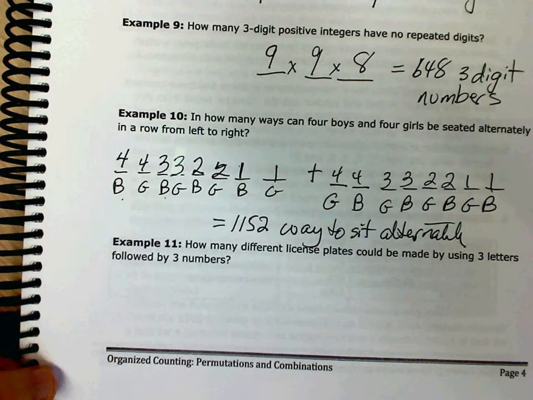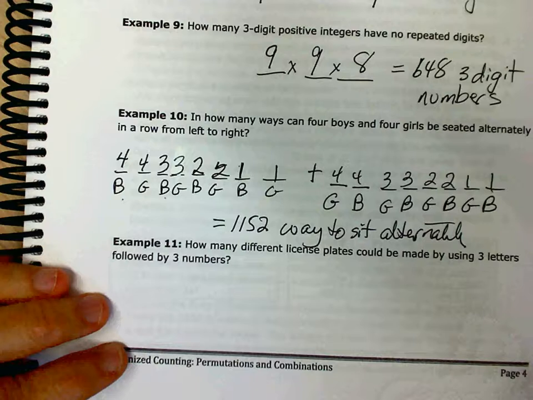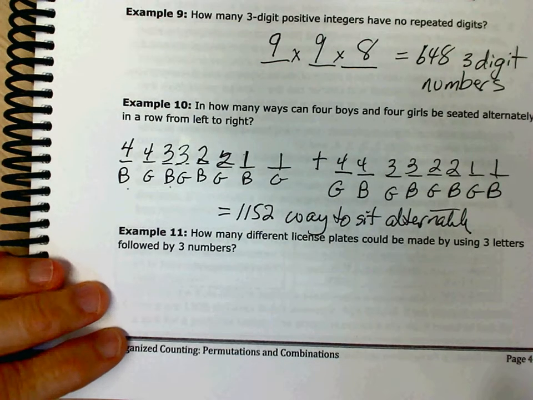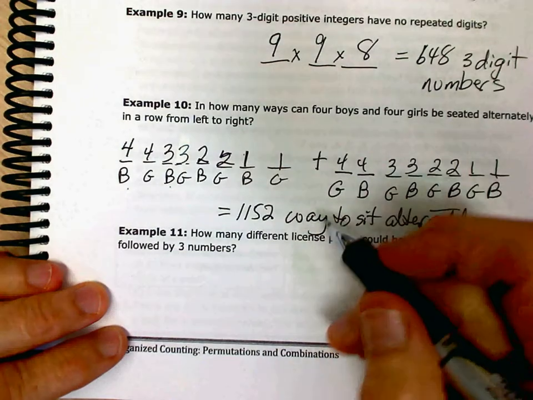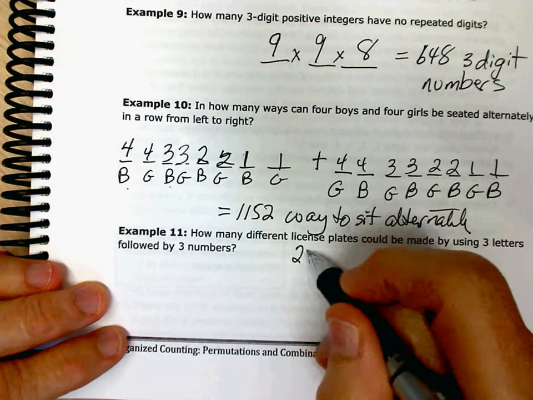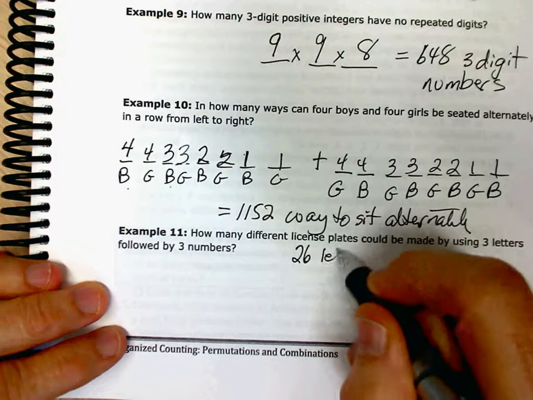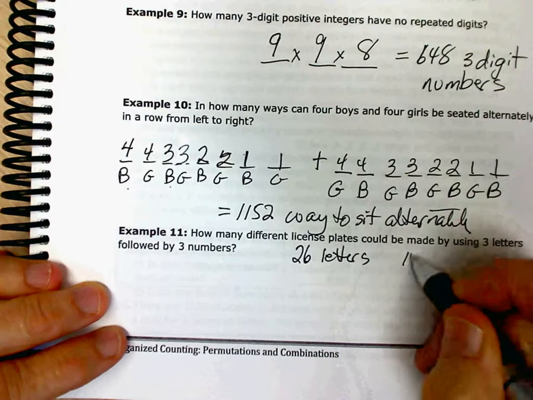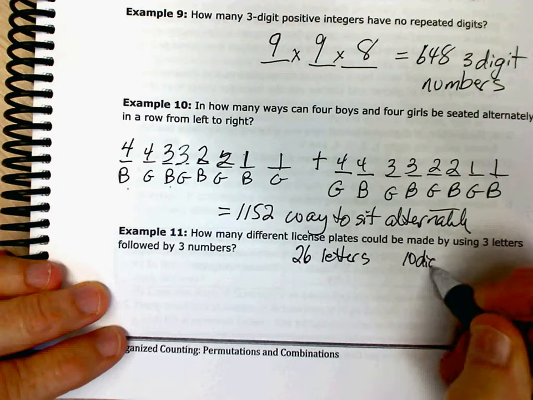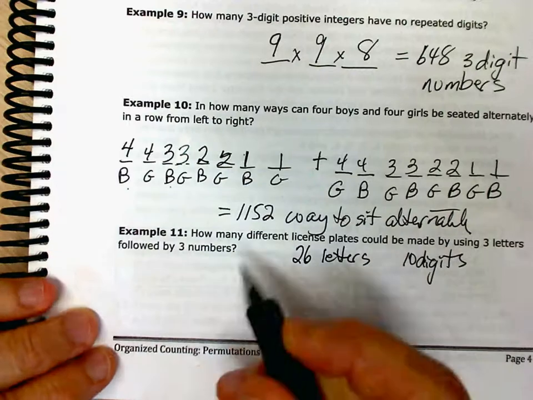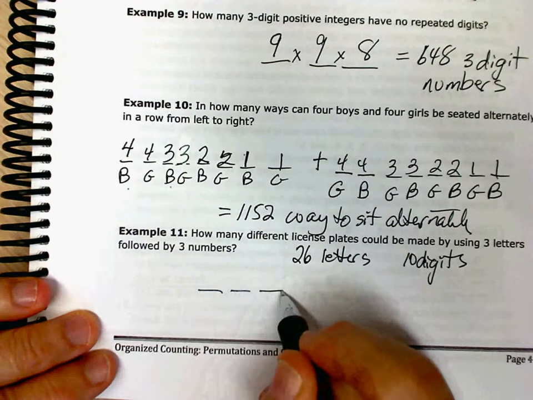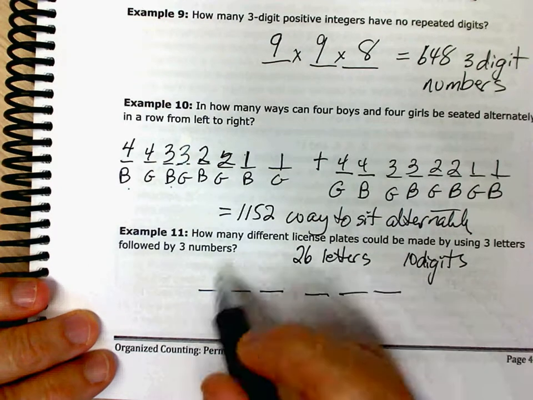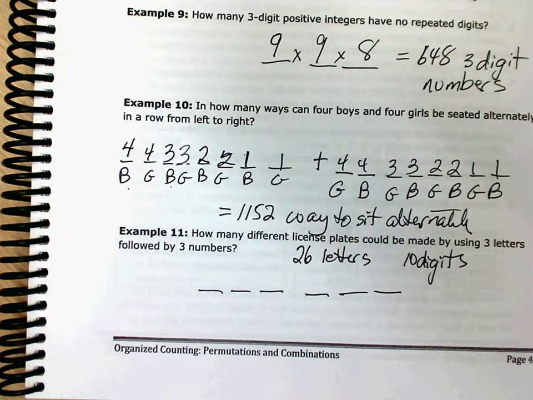How many different license plates can be made by using 3 letters followed by 3 numbers? How many letters in the alphabet? And you have 10 digits to work with. So you have to know a little bit about license plates.